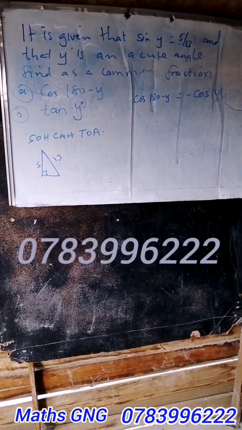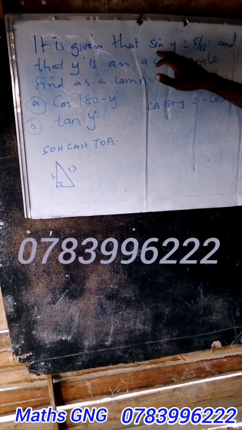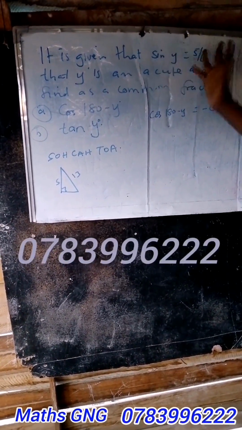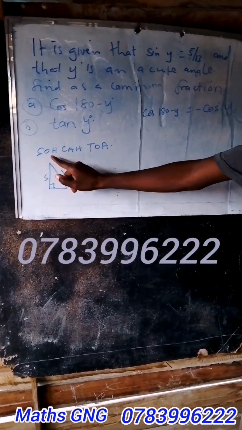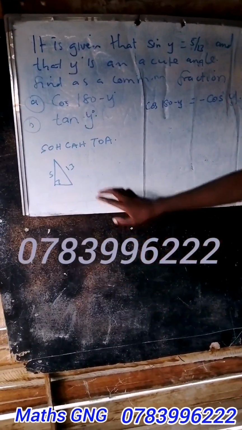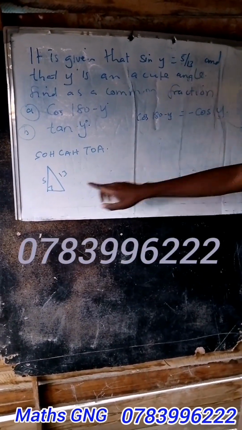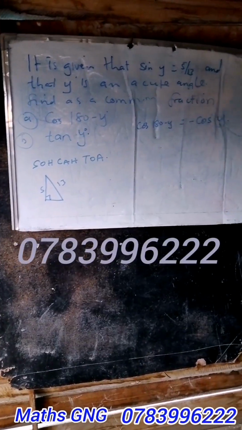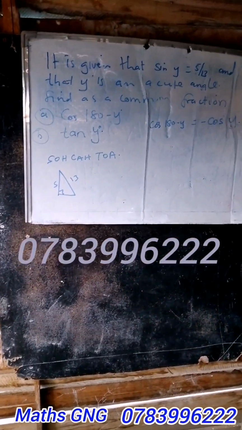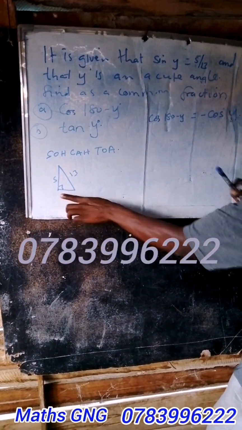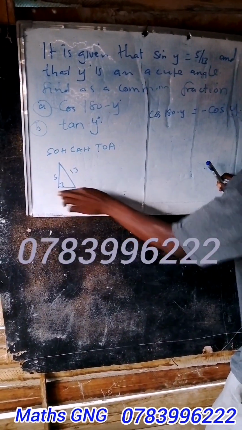So what are we going to do? We write SOHCAHTOA. Sine is opposite over hypotenuse. The hypotenuse is 13 for our y, and the opposite is 5. So we can find this adjacent side.